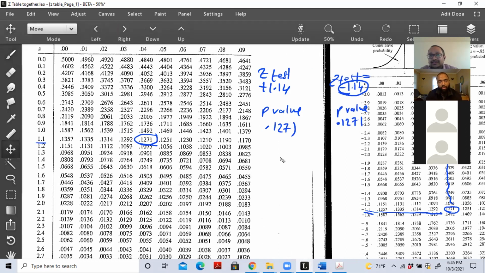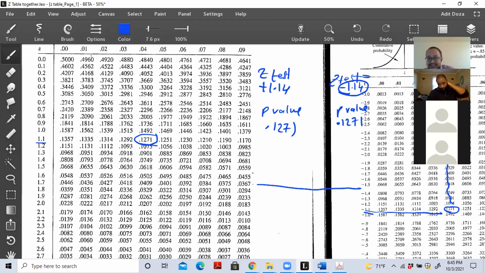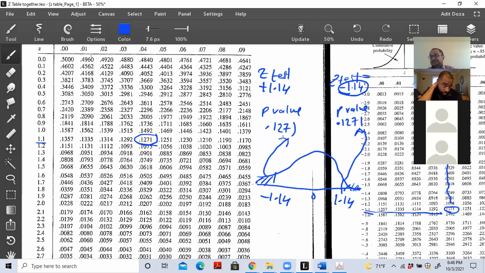Negative and positive are mirror images, so both areas are the same. If I draw the area under the curve, this side is positive 1.14, this side is negative, and both areas are the same, 0.1271.